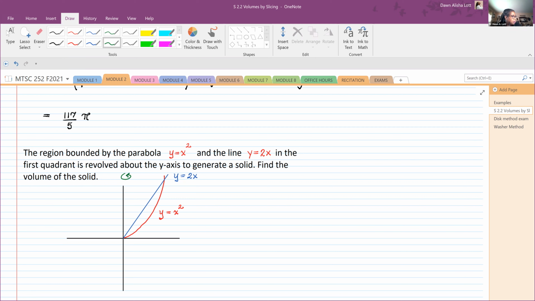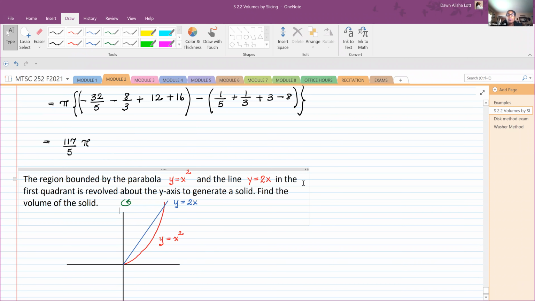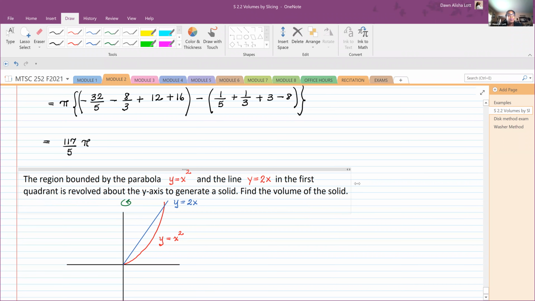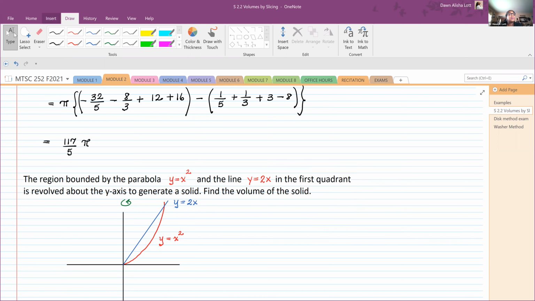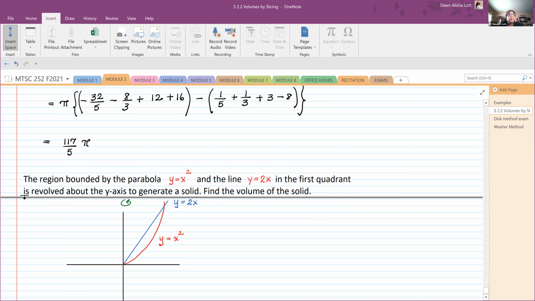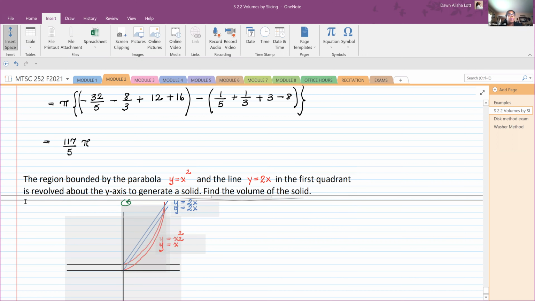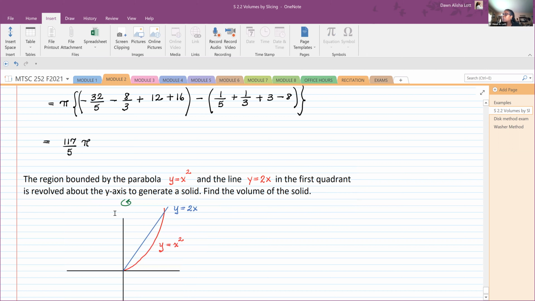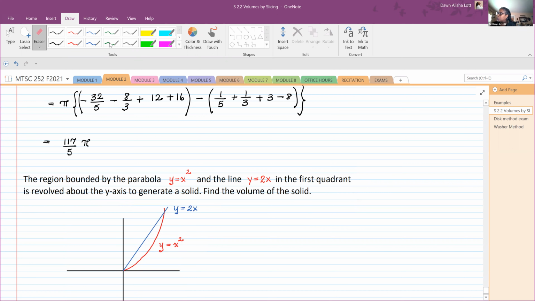So somebody, when you finish getting the region that we're revolving, please let me know. Okay, I'm looking to see if anybody has their picture.